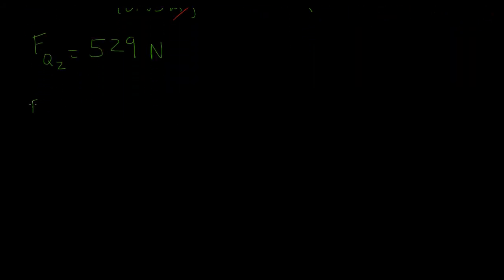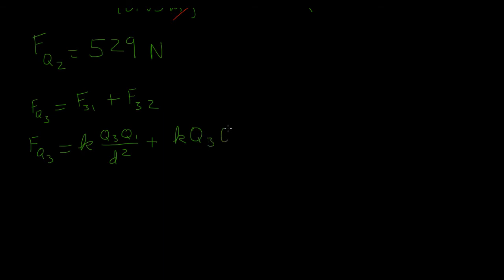So we'll start again with the net force on Q3 will equal the force between 3 and 1 plus the force between 3 and 2. And again, the force is, by Coulomb's law, K Q3 Q1 divided by the distance between them squared plus K Q3 Q2 divided by the distance squared.